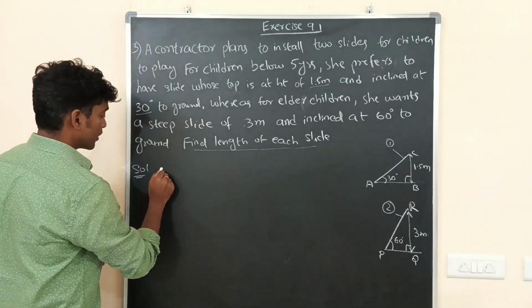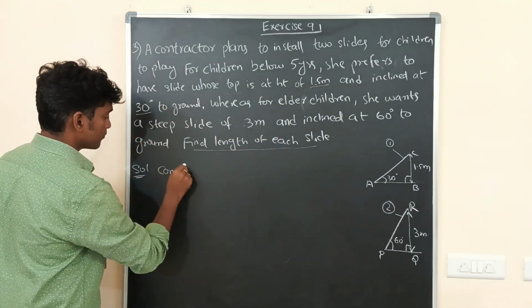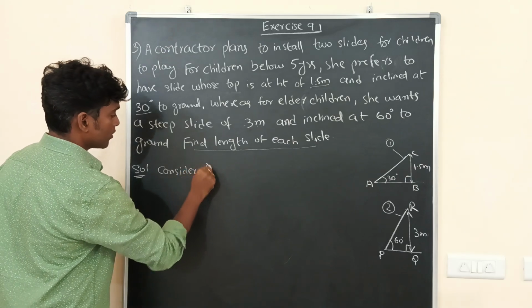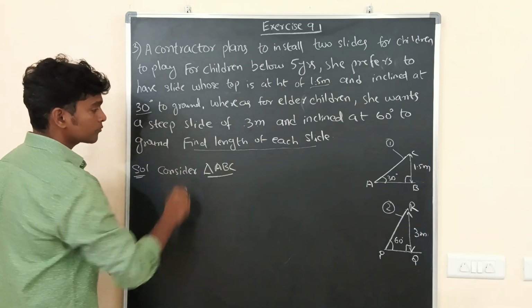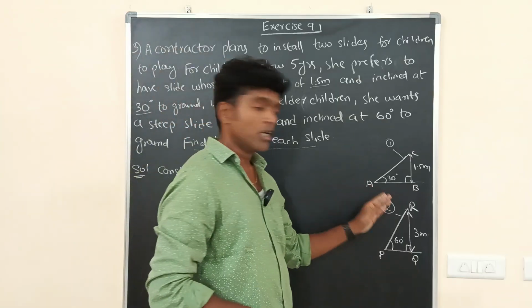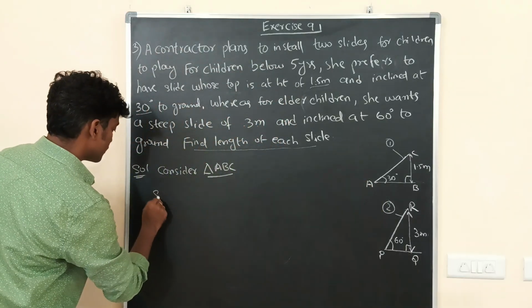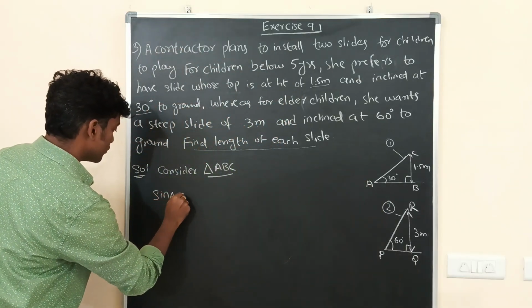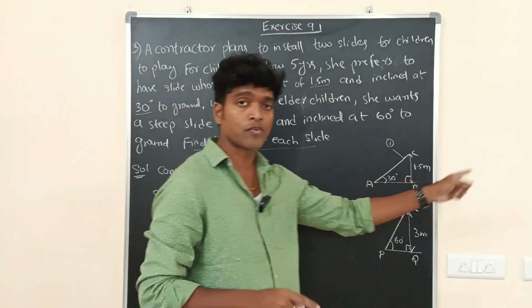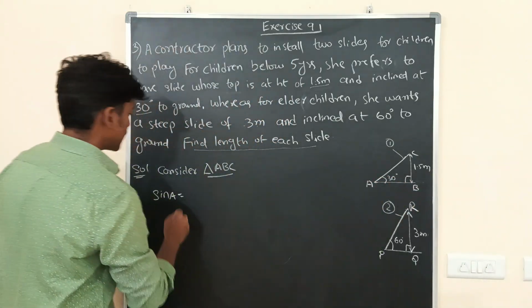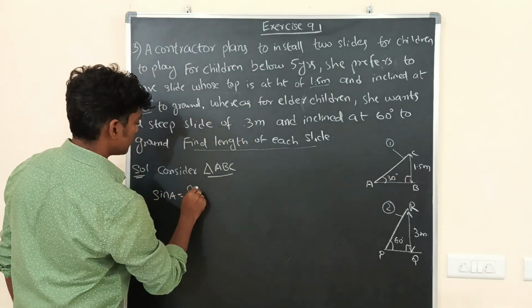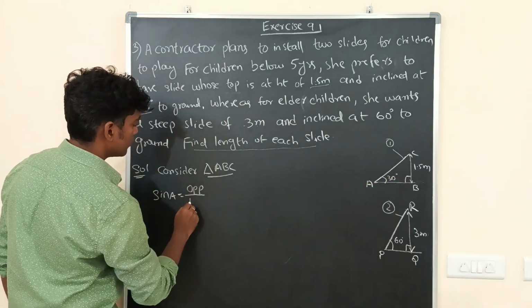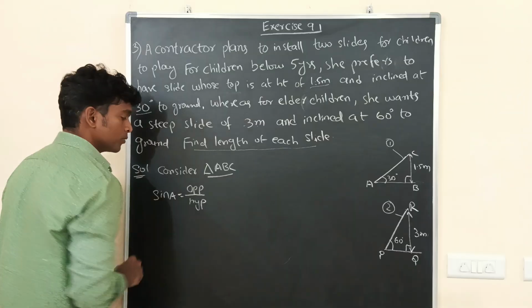Consider triangle ABC. Sin A is equal to opposite side by hypotenuse.